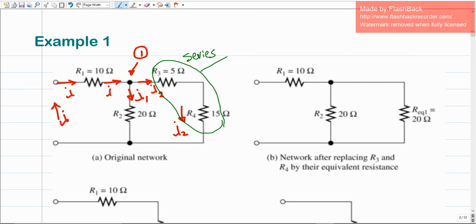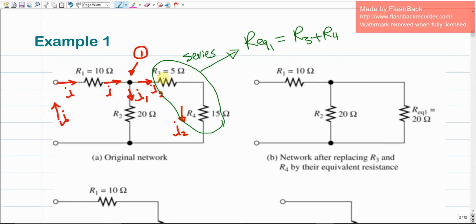So what does it mean? It means that it is fine if we decide to combine both of them into an equivalent resistance, but let us give it a name like R equivalent 1, because definitely we're going to have more equivalents. This R equivalent, according to the definition of the series resistor, should be the sum of the resistors. So it should be the sum of R3 plus R4.